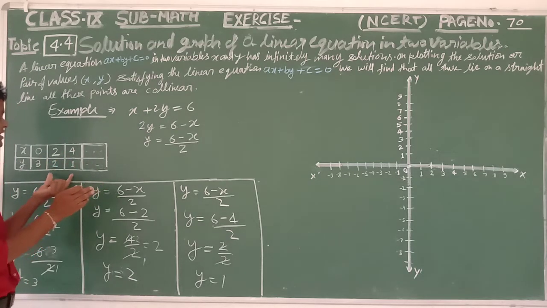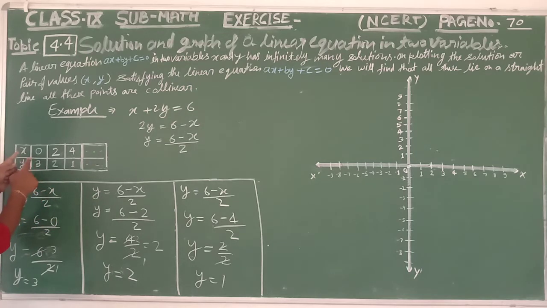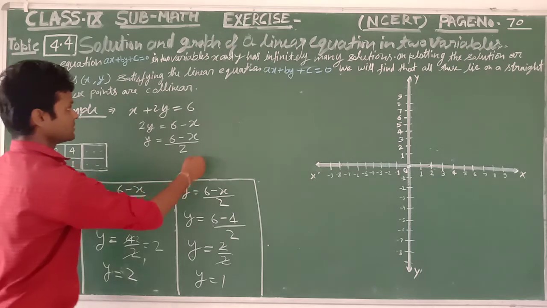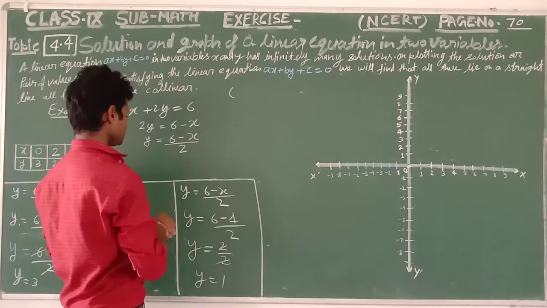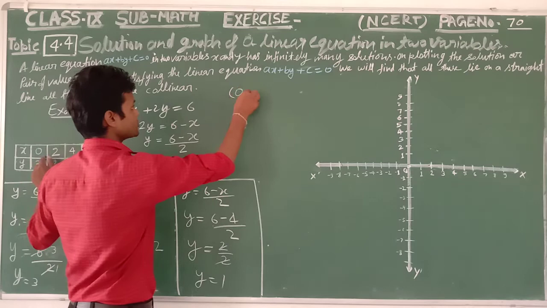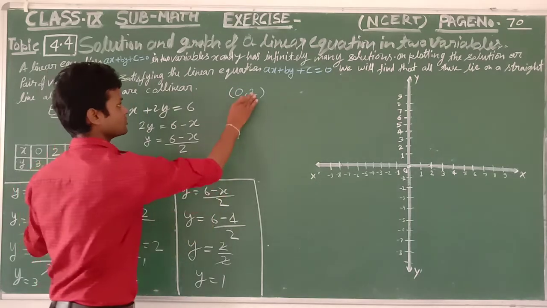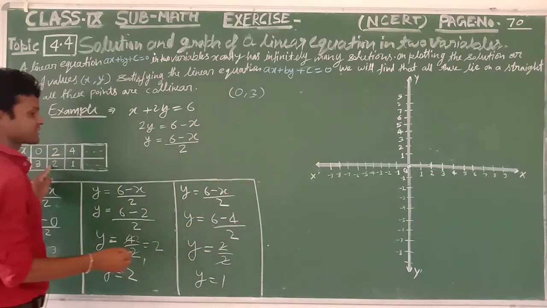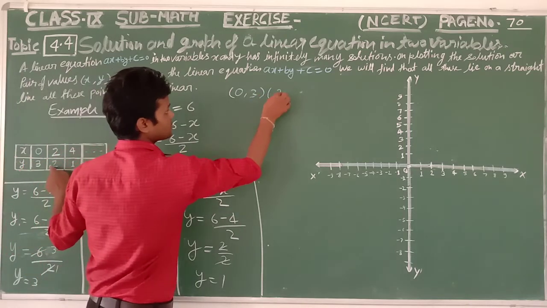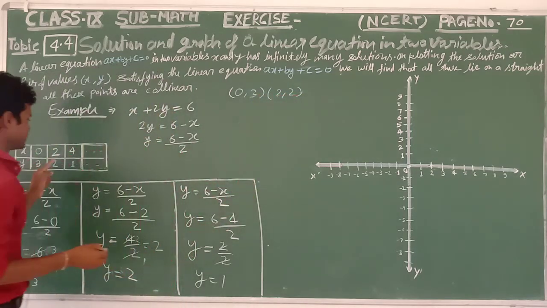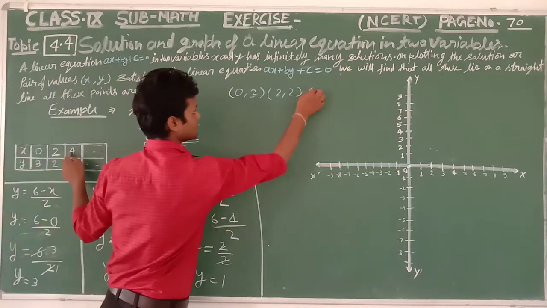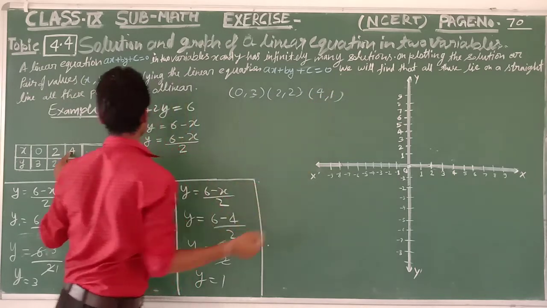Now you have the points, the pairs of values of x and y: x value 0, y value 3; next 2, 2; and third 4, 1.